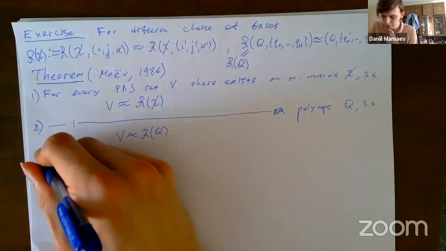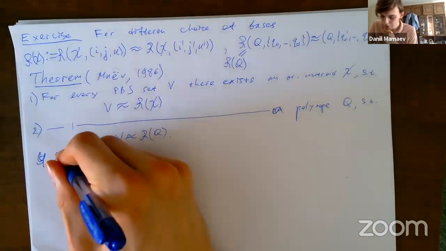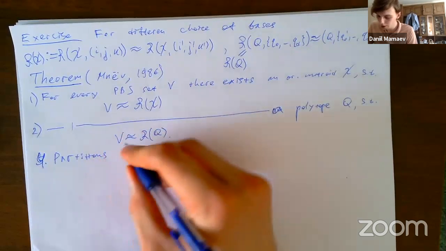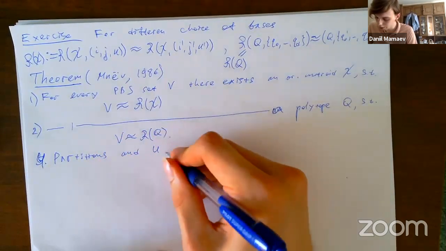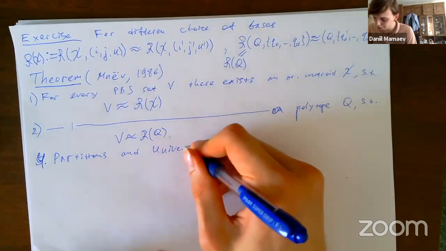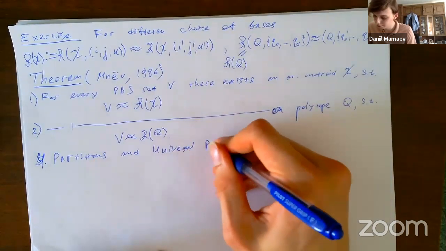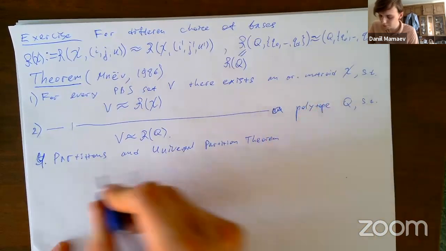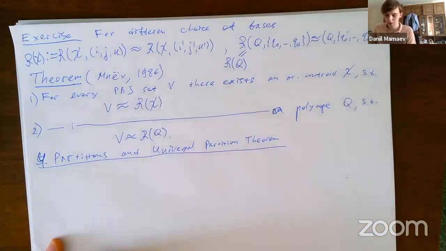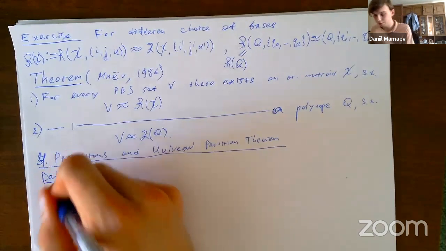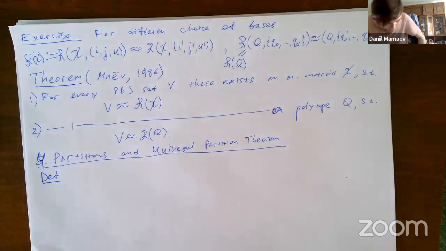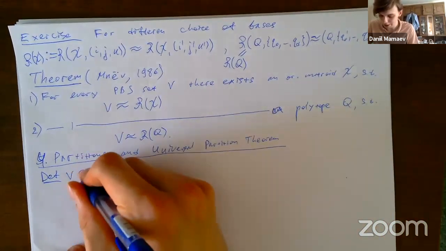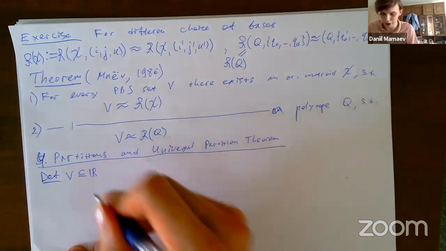So first we need partitions, and then we will formulate the universal partition theorem. If you still have some troubles with stable equivalences, I will remind the definition now in a slightly more general context.